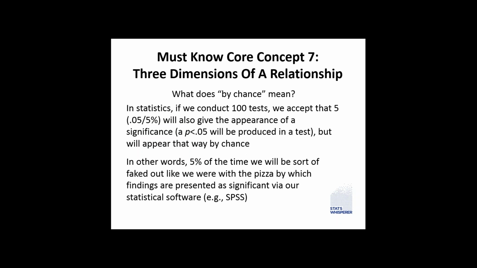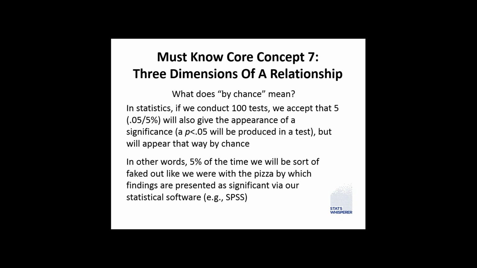When we look at it statistically, we're saying if we conduct 100 statistical tests, and they're all statistically significant, they're all 0.05 or less, we know conceptually that 5 of those out of the 100 are not real significant relationships, but have only occurred by chance.